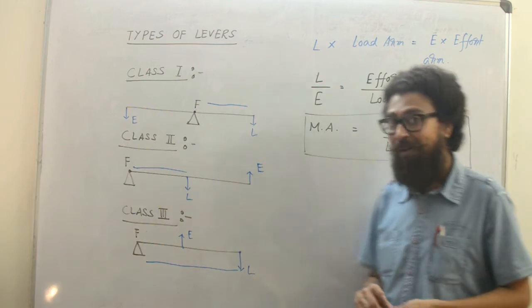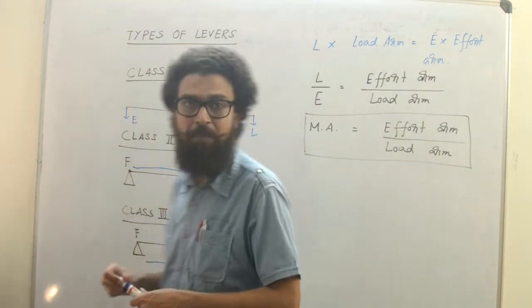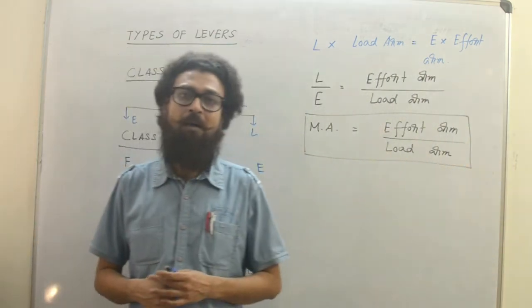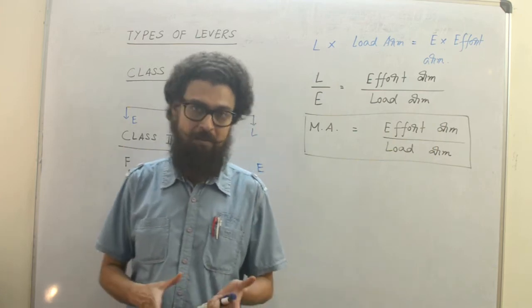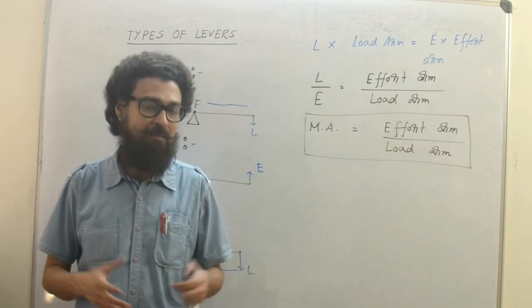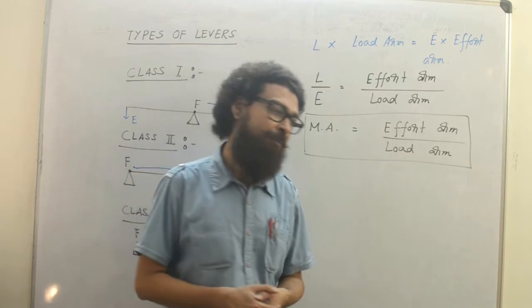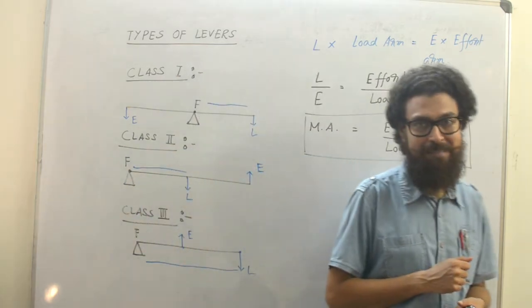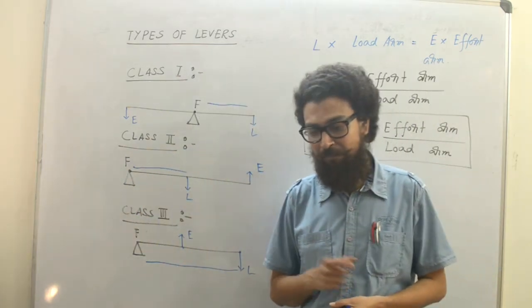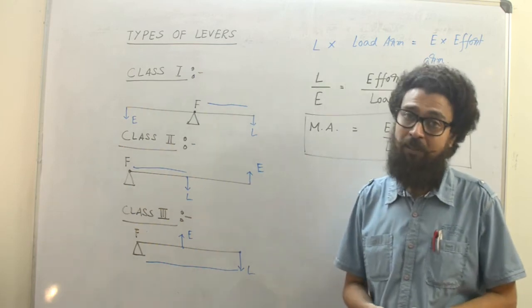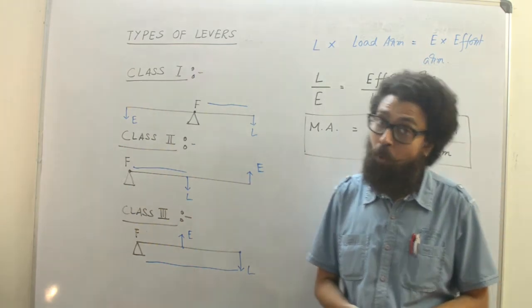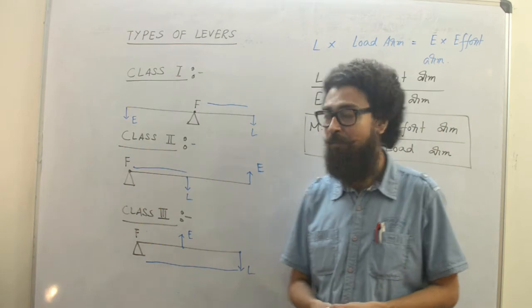Now we go to pliers. Have you ever seen a plier? Electricians commonly say plus, but it is not a plus, it is pliers. But that is an example which is having a mechanical advantage more than 1. Why?